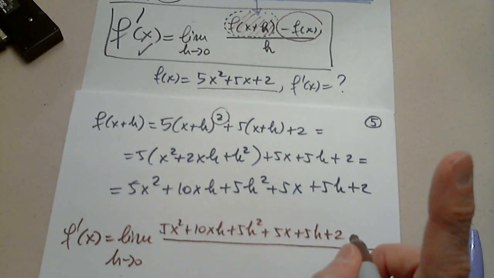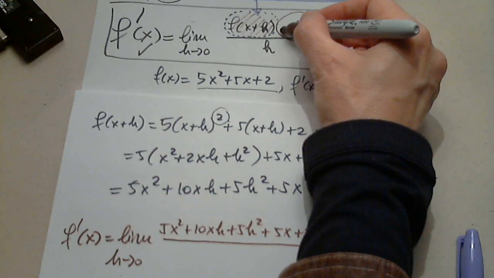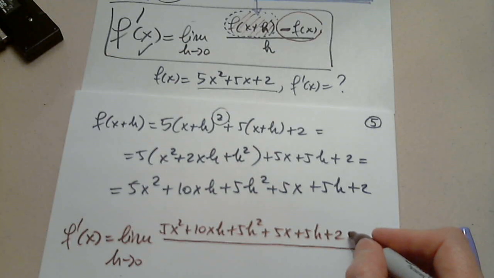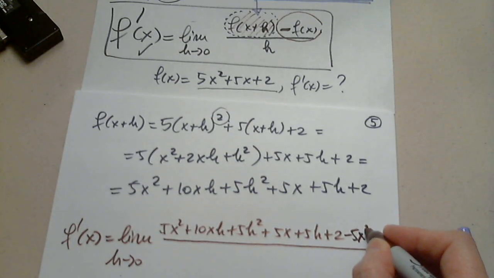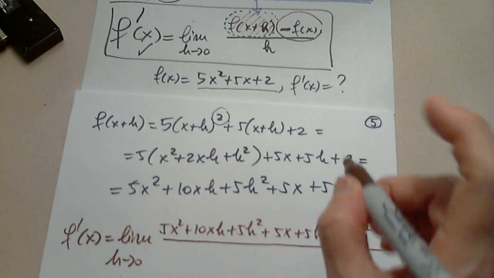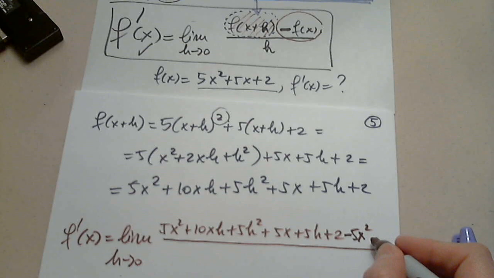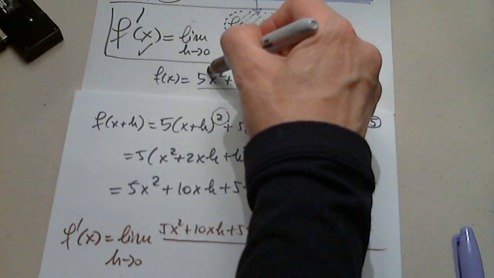5x squared. Careful, 5x, careful. Oh, negative. Minus 5x squared plus 5. Careful, careful. We cannot only distribute to the first term.